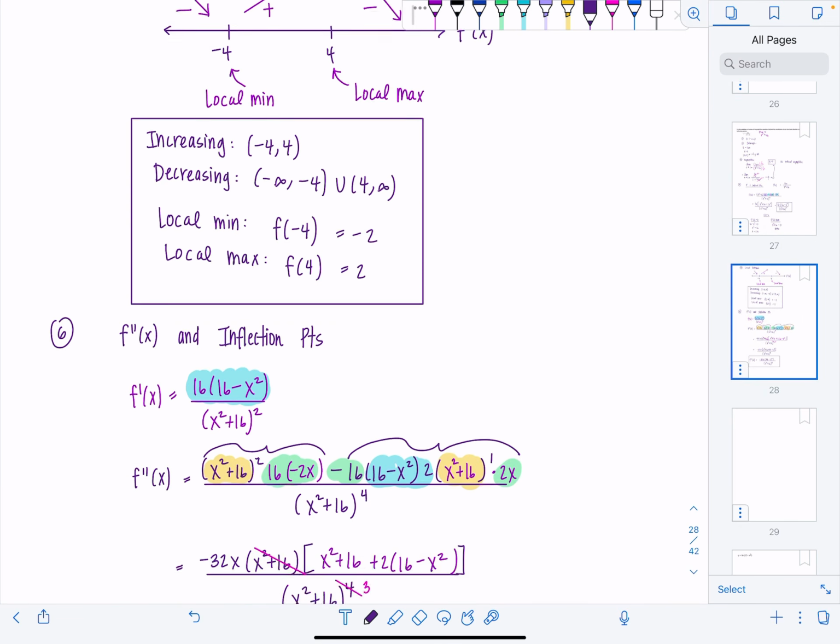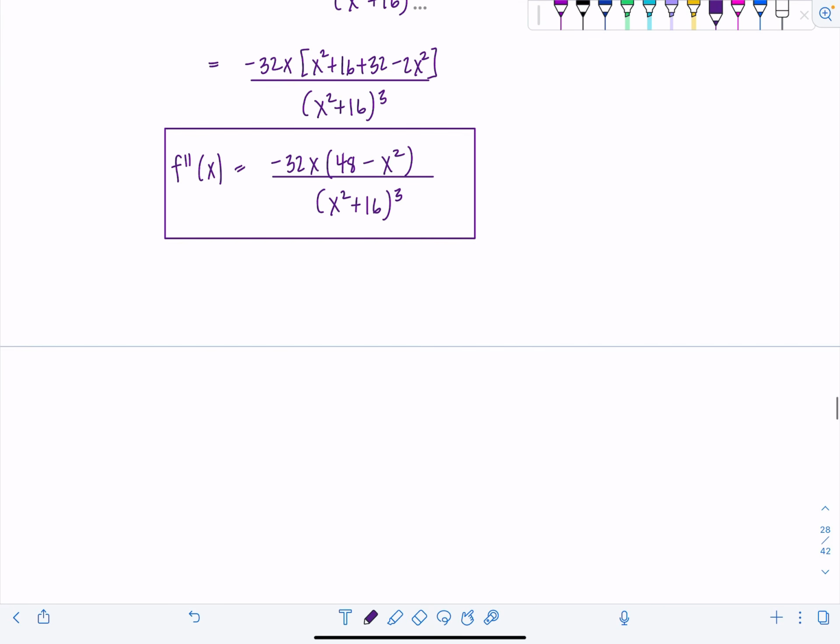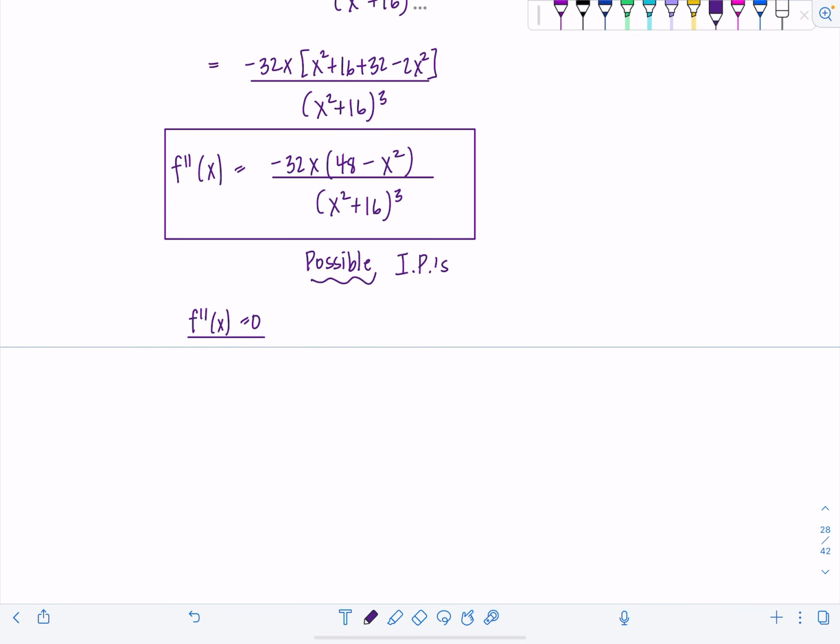Now, to get the possible inflection points, it's very similar to when you find critical values, critical points. You check where the second derivative is 0 and where it doesn't exist. So f double prime of x equals 0, or f double prime of x does not exist.